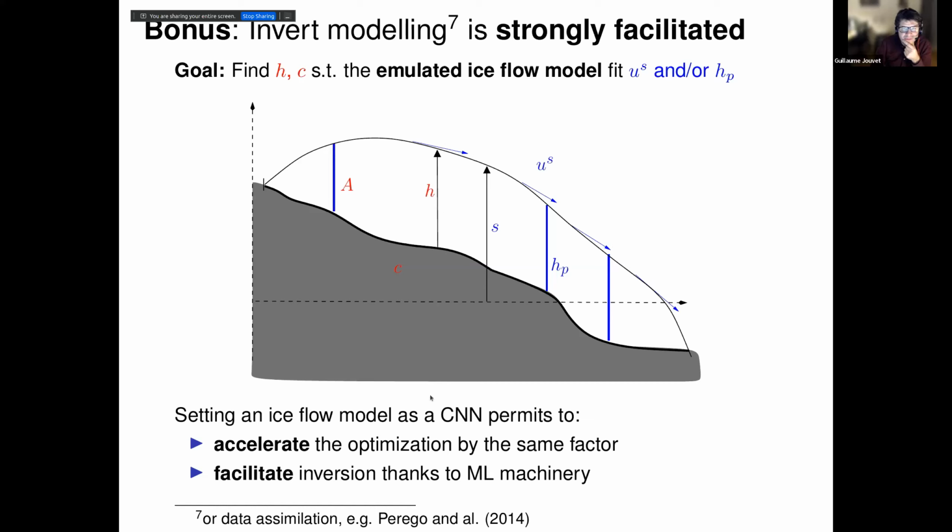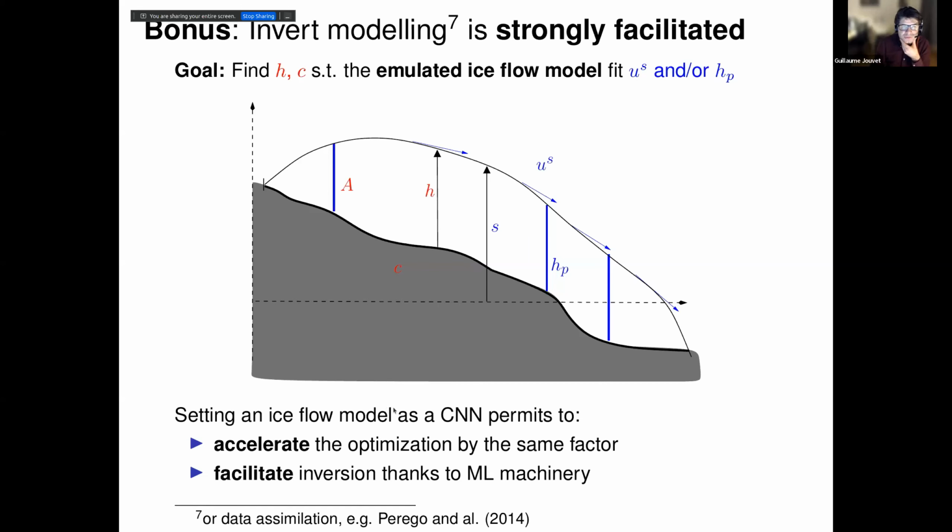There is a huge benefit of setting up an ice flow model as a convolutional neural network instead of a traditional model, because first of all, the forward model is much cheaper. What I did not say before is that we have a speedup of the order of 3 orders of magnitude most of the time. It really depends on the setting, but if we compare a solver to an emulator, we could have a tremendous gain, which is mostly due to the fact that we can go directly on the GPU.